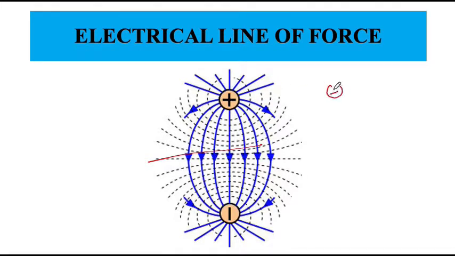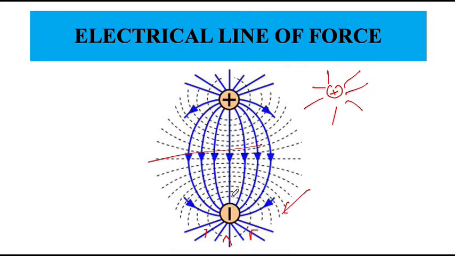For a negative point charge, the field lines would be radial, but all pointing inward. Now that we have positive and negative, what happens?